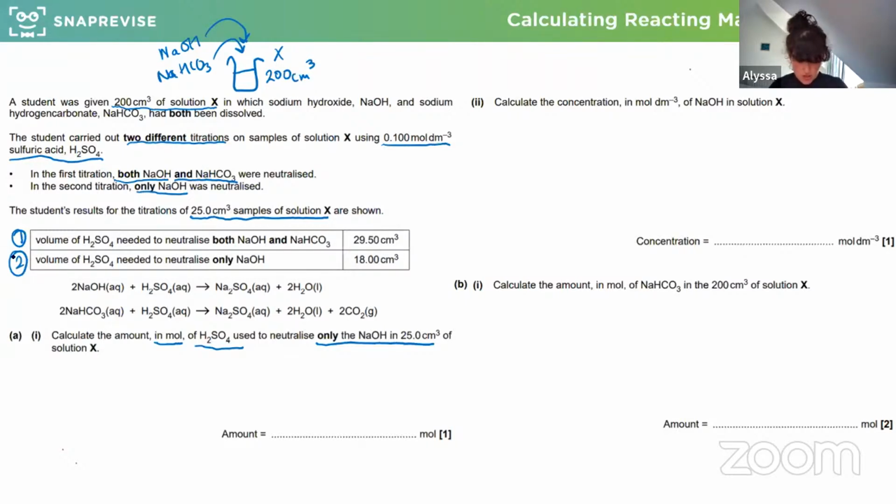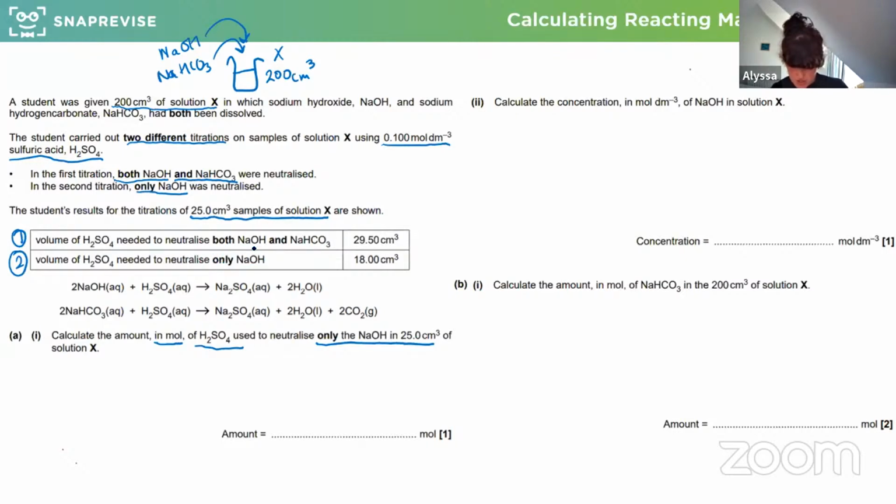Good, titration 2, because that's the one where it's only sodium hydroxide. Really nice. So anybody got a value for me? We need to use titration 2, very good.